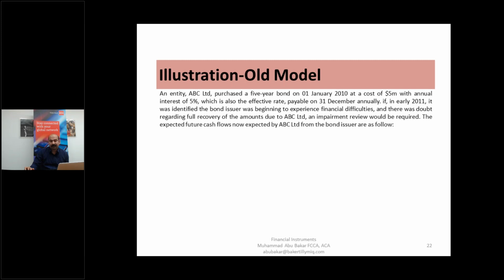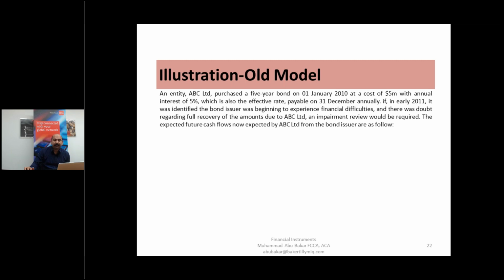If in early 2011 it was identified the bond issuer was beginning to experience financial difficulties and there was doubt regarding full recovery of the amounts due to ABC Limited, an impairment review would be required.